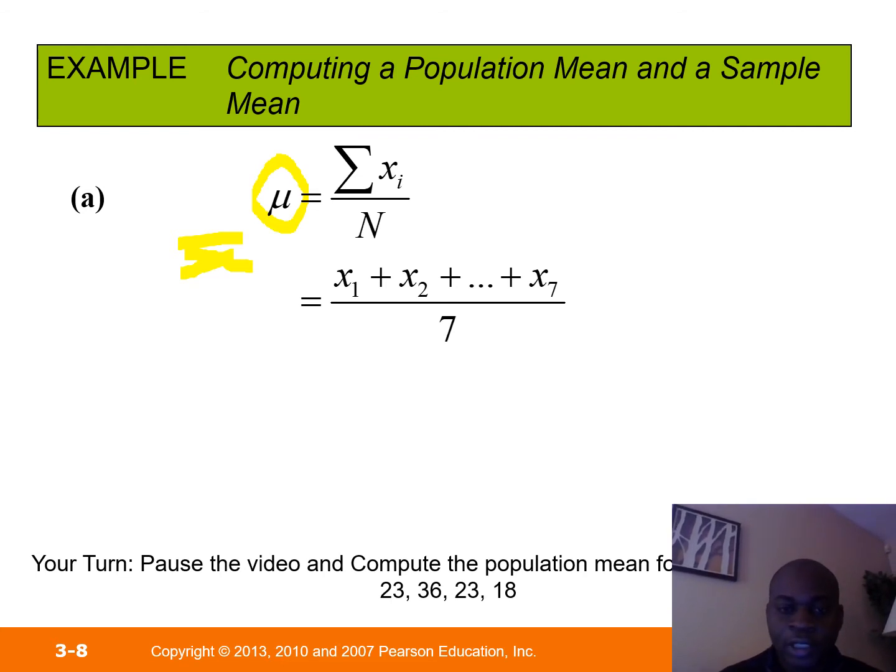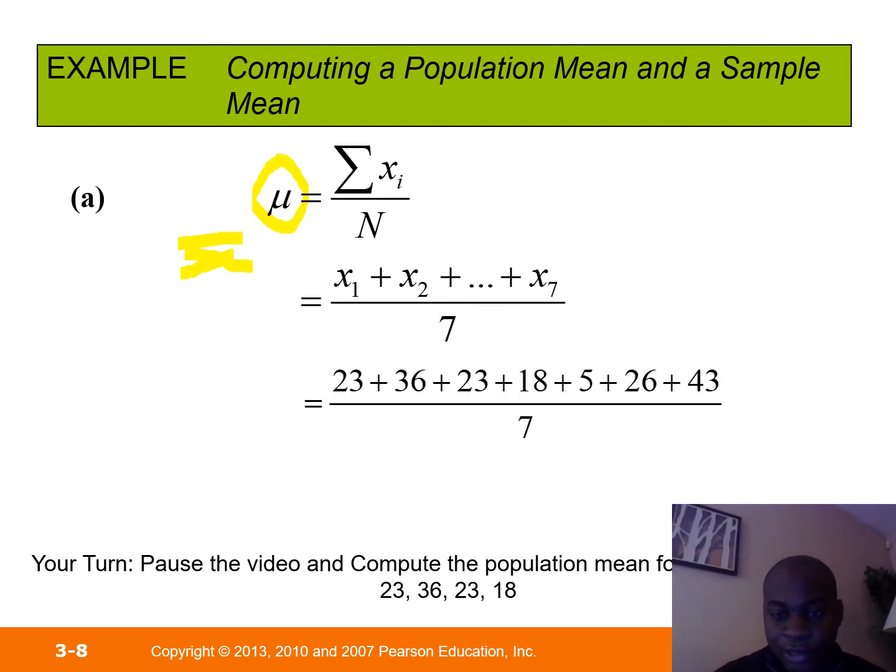So these are the keywords you need to focus on when computing anything in statistics: you need to figure out if it's coming from the population or the sample. So this is x1 plus x2 through x7, and then you just add all those numbers together.